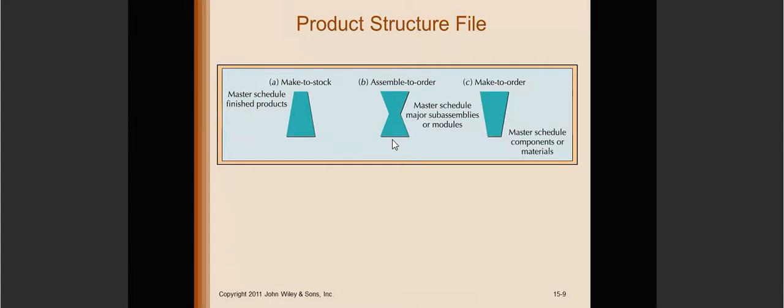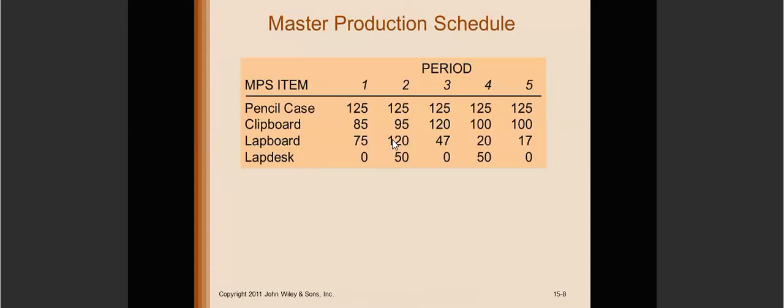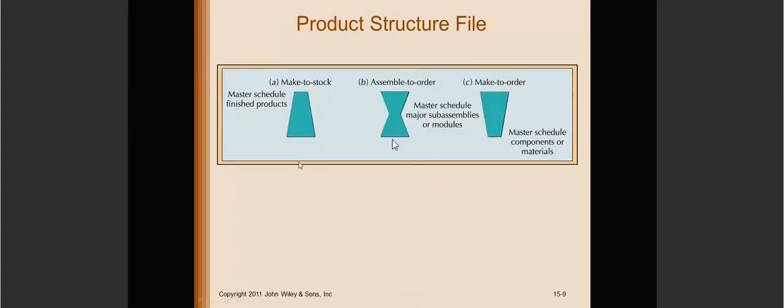And for the make to order strategy, the master production schedule will be on component or material. So for assemble to order, the MPS item here will be named as a major sub-assembly, not a finished good.